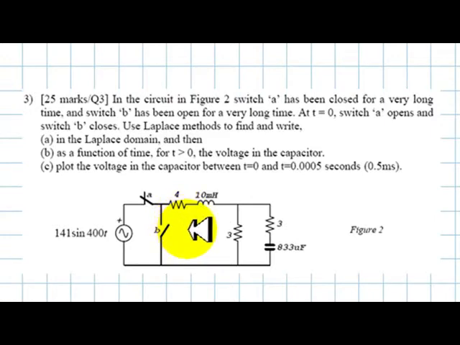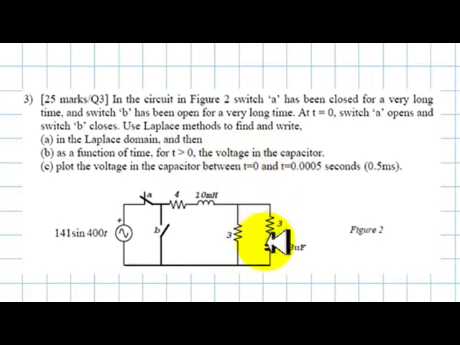But that is the previous question, question number 2. At t equals 0, this switch opens and this switch closes. Use Laplace methods to find and write, first in the Laplace domain and then part B as a function of time for t after the switches operate.